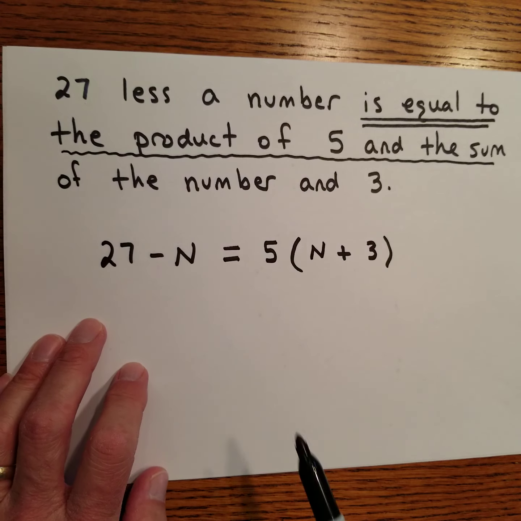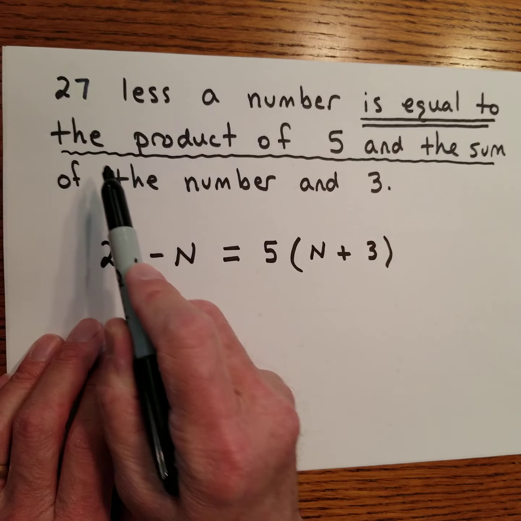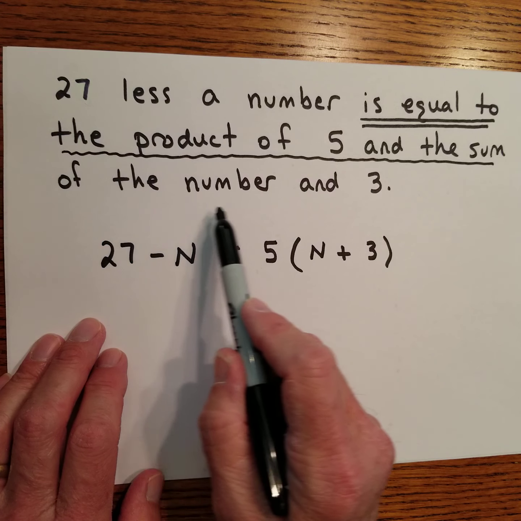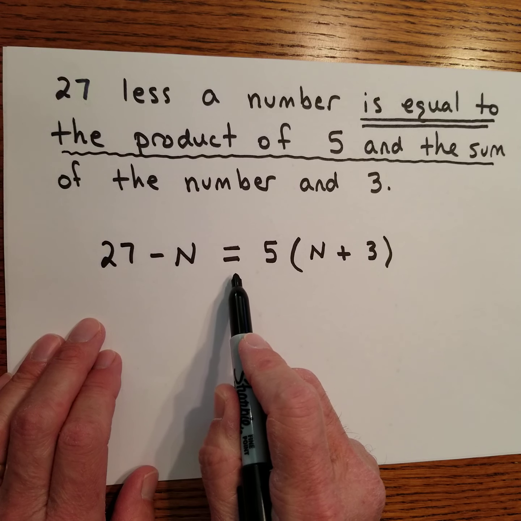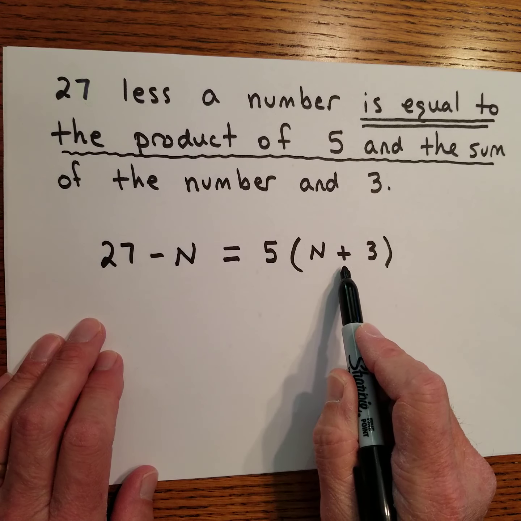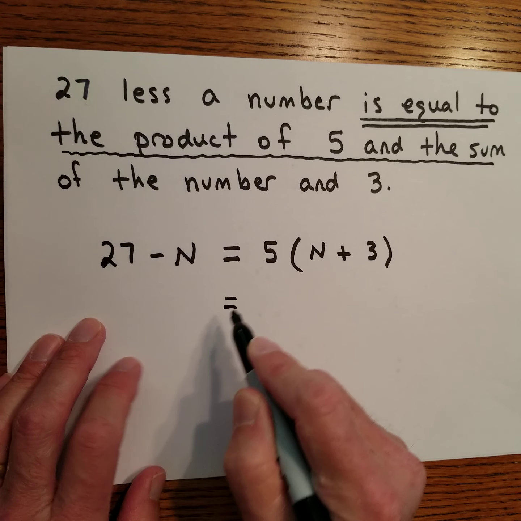Let's see if we've got it all. 27 less a number is equal to the product of 5 and the sum of a number and 3. Let's solve.